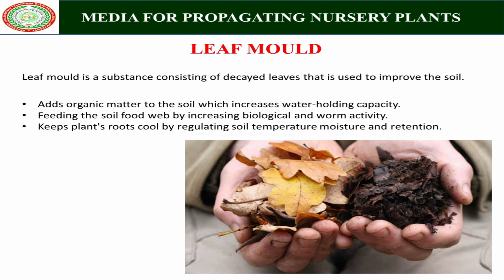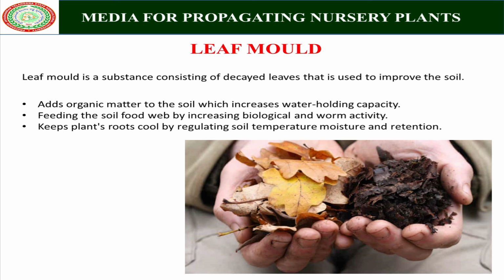Next is leaf mold. This leaf mold is nothing but the substance which consists of decayed leaves and it has proven to improve the soil structure. So the dead leaves will add organic material to the soil and it also has good water holding capacity. That is the reason it can be mixed with different potting mixtures for holding good amounts of water in it.